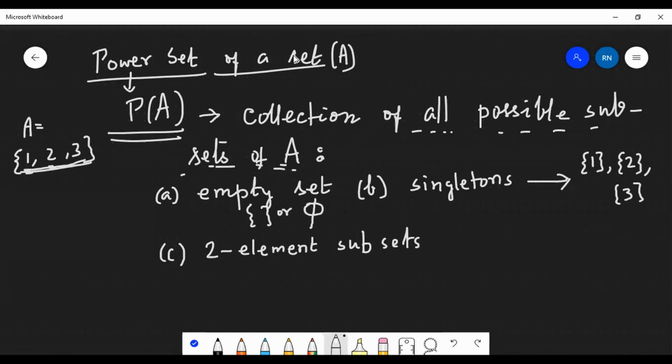This is done experimentally only. I can create 1 and 2 first. Clear? 1, 2, then 2, 3, and 1, 3. So 2, 3, and first and third.